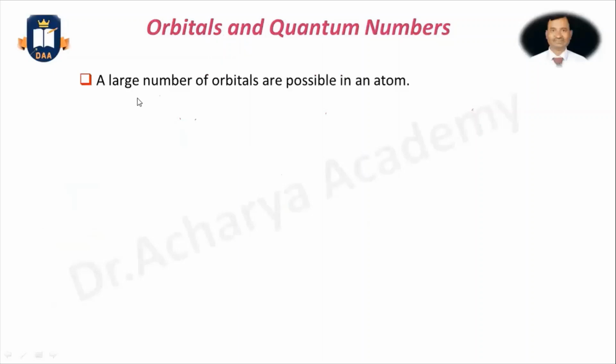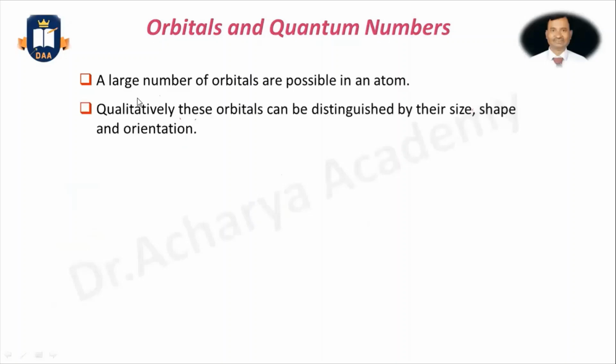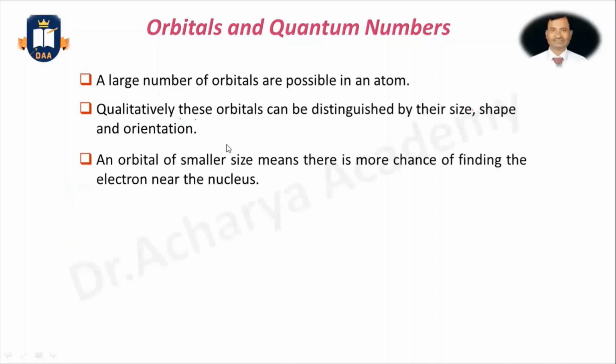A large number of orbitals are possible in an atom. Qualitatively, we can say that these orbitals can be differentiated by their size, shape, and orientation.